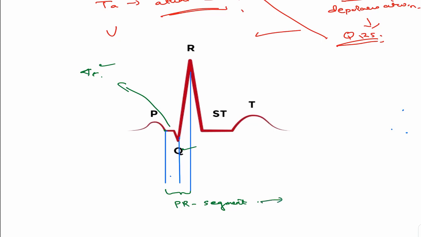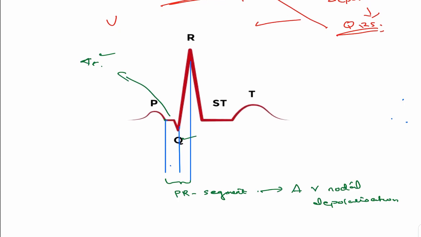So this signifies basically nothing but AV nodal depolarization. Actually it should be the PQ segment, but Q is not visible. That's why we take it as the PR segment. Again, the same thing, it signifies AV nodal depolarization.